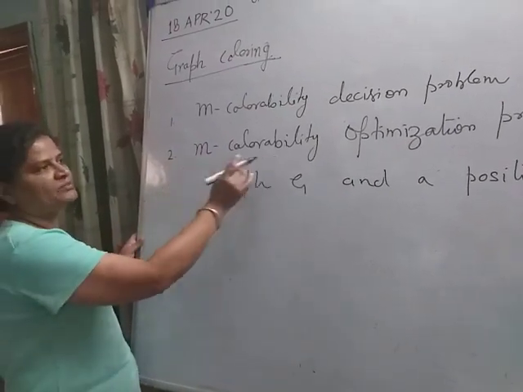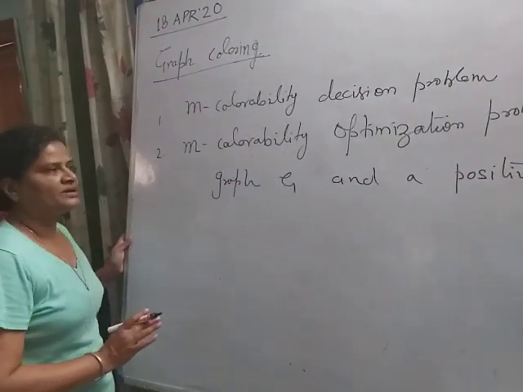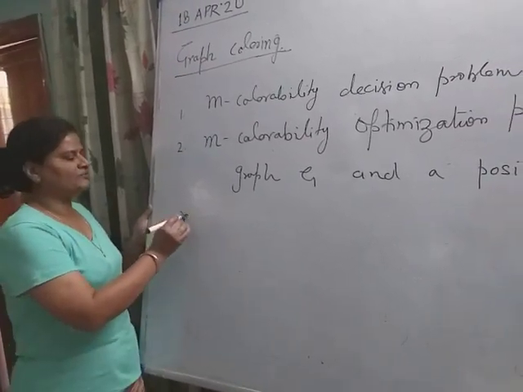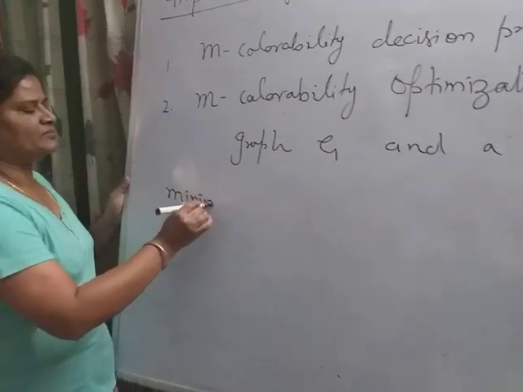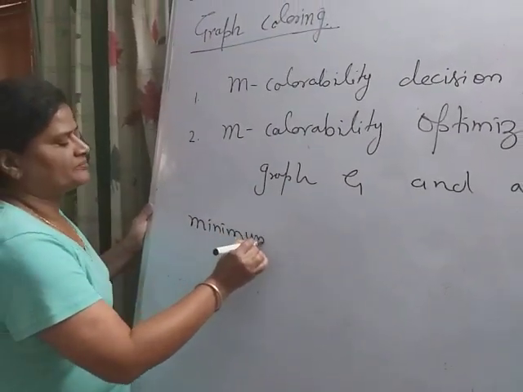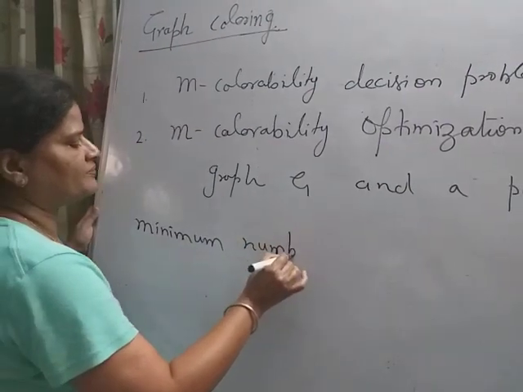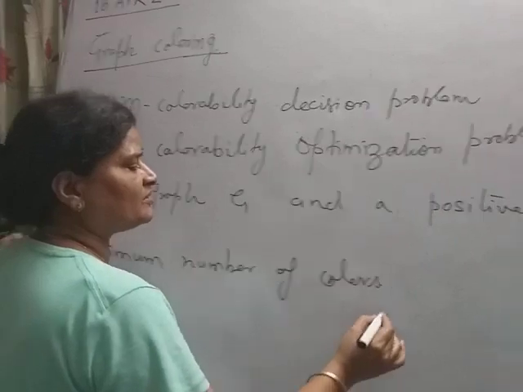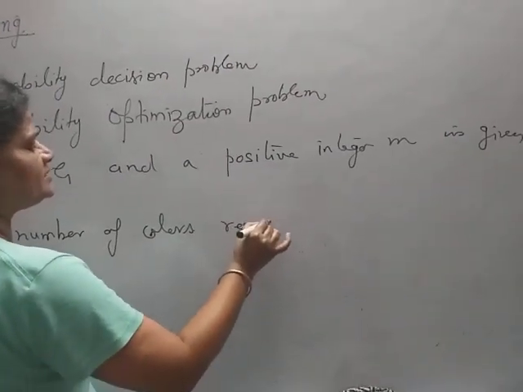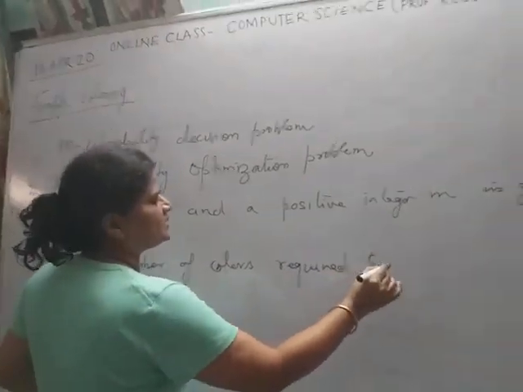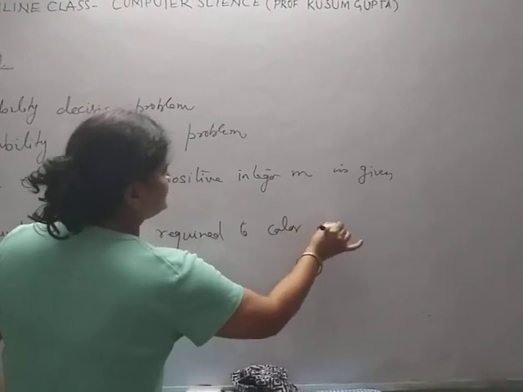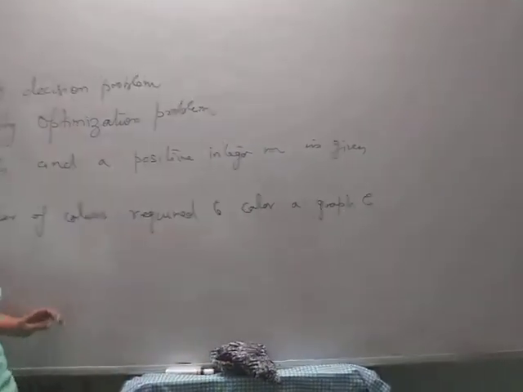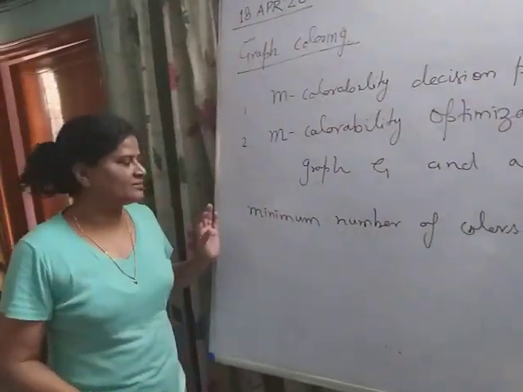The M colorability optimization problem refers to the problem where we have to find the minimum number of colors required to color a graph such that no two adjacent vertices are of the same color.